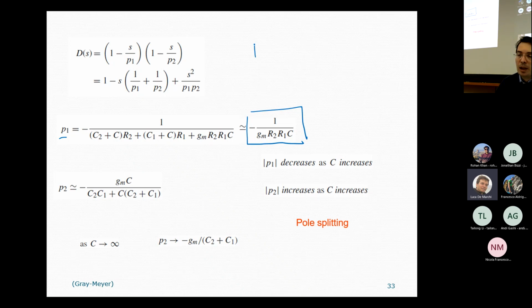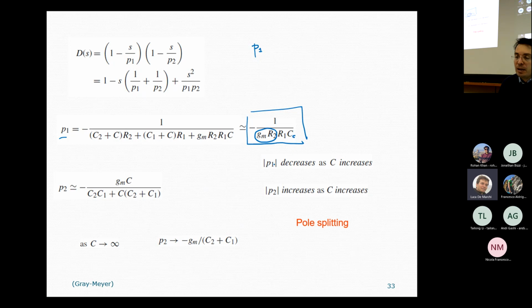This pole is generated by the multiplication of the capacitance by the Miller effect, so the multiplication by the gain of the second stage. So the time constant is the output resistance of the first stage, times the gain of the second stage, times the compensation capacitance, basically CC.